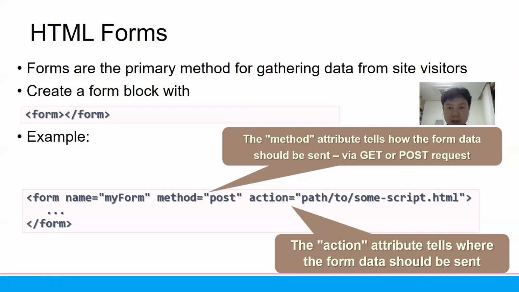So this is the action, and you are going to run some script.html once you finish your form. Because we are not using the server first, I will not discuss the action and the method, but I will just explain how we can make the forms and what kind of HTML tags create the forms.